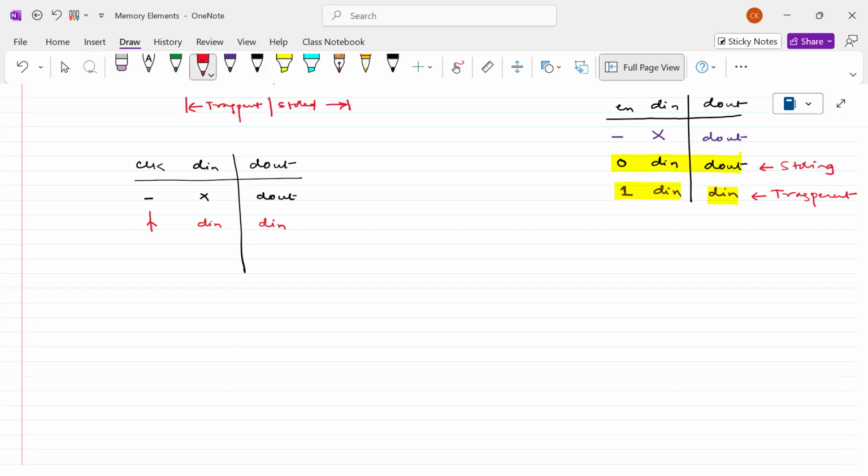For all other cases, whatever the DIN is, the output should be the previous value.